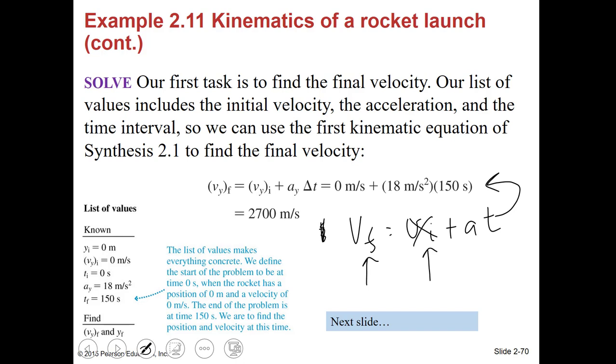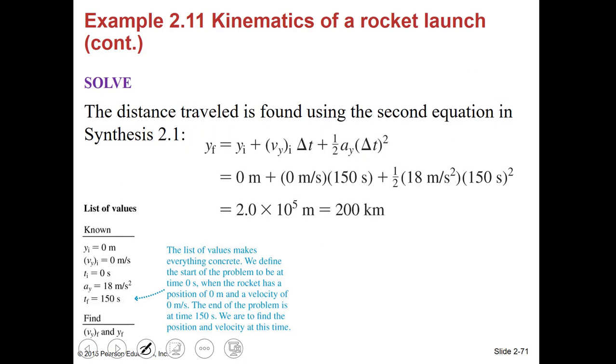But we're also looking for how far we've gone in the y direction. The equations I wrote before were in terms of the x direction, but they also work for the y direction. So if I write this one in terms of the y direction, delta y equals initial velocity in the y times time plus 1/2 acceleration in the y times t squared.